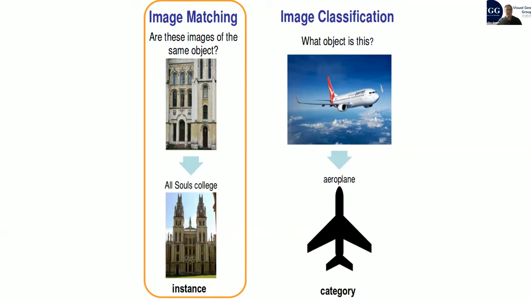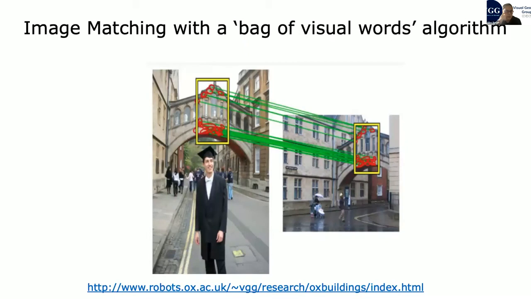So I'm going to start by talking about image matching, which uses very similar technology to what John outlines, using so-called bag of visual words algorithms, in which these little red ellipsoids here, which are SIFT features, exactly what John mentioned, are used to retrieve two images of the same building from different angles and a different scale.